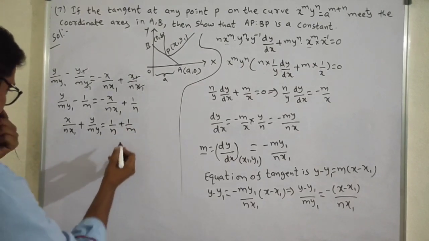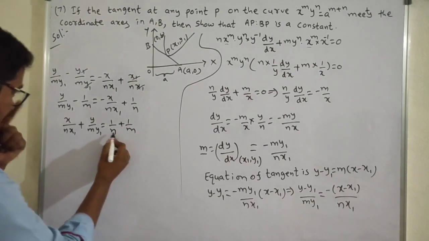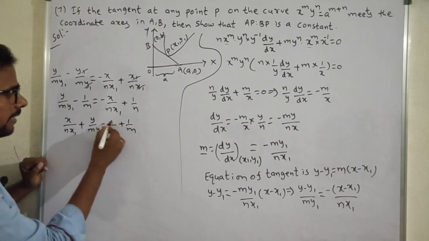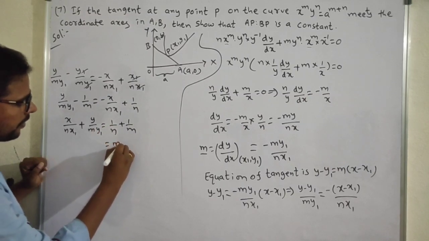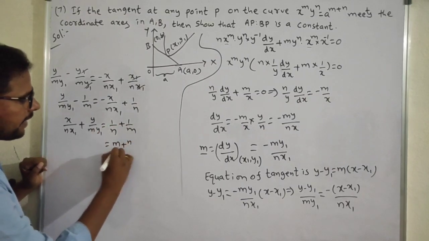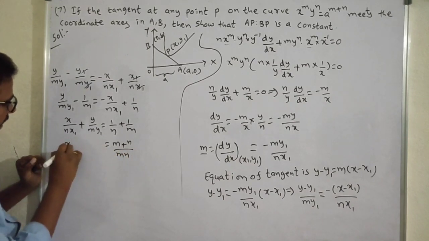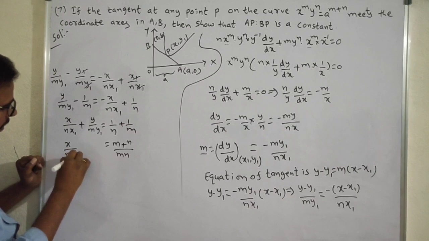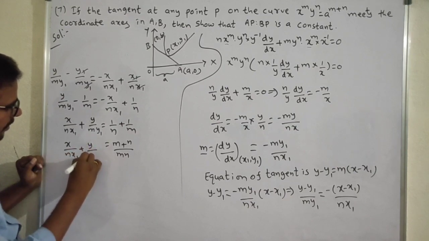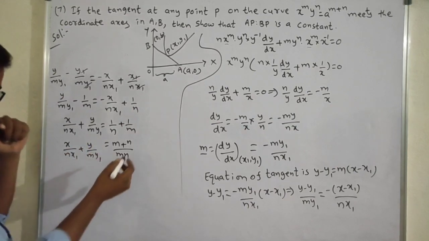Now take the LCM. We have nm as the LCM. So m into 1 plus n into 1 by nm, or mn. LHS is x by n x1 plus y by m y1.